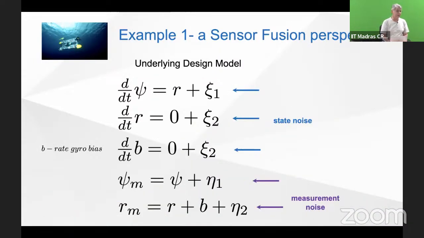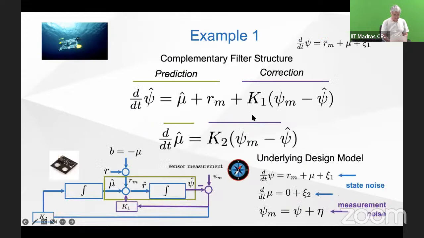There are people that look at this differently. When you implement this, the rate gyro enters as an input, right? Whereas the measurement of yaw enters as a true measurement.